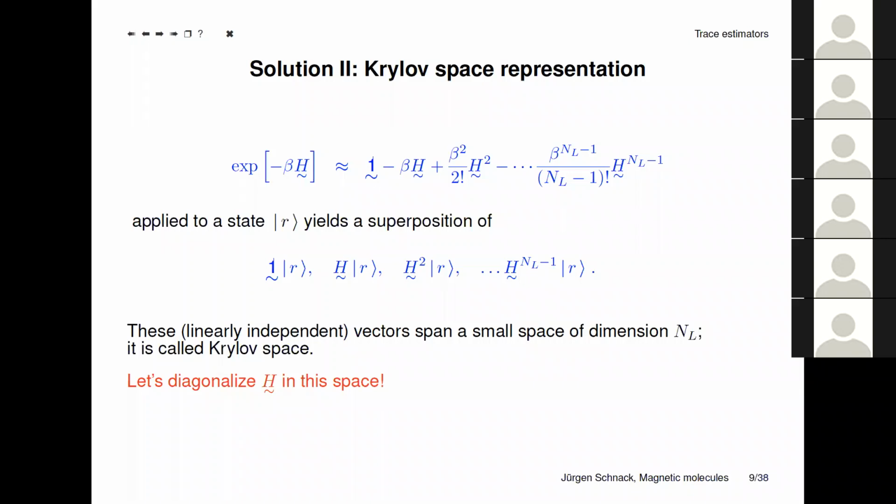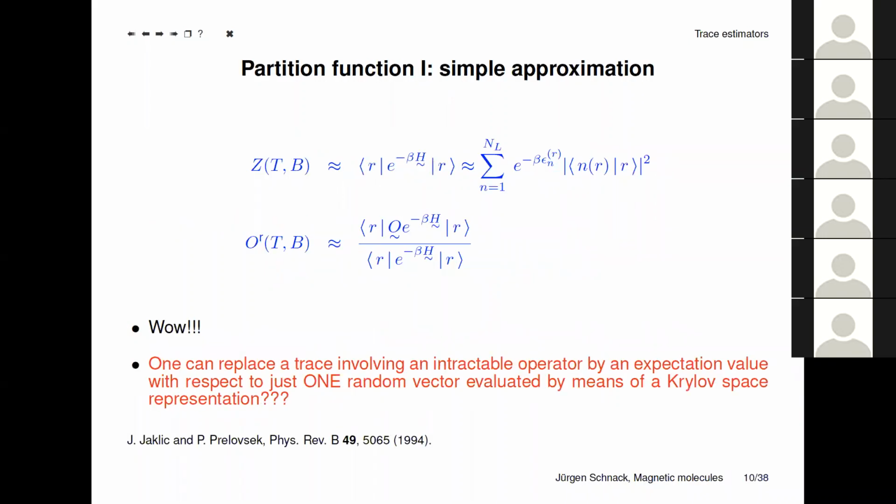And what we do now is we diagonalize the Hamiltonian in this small subspace. And then the partition function can be put together as given here, namely as the expectation value with respect to the random vector. And since we diagonalized h in the Krylov space, we can insert the spectral representation into this equation and in the end obtain this sum.